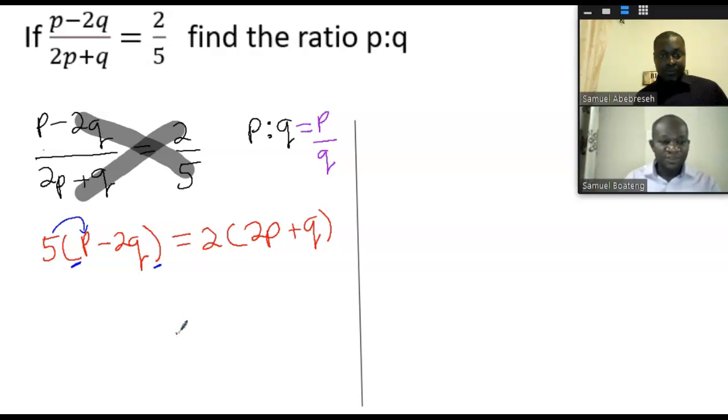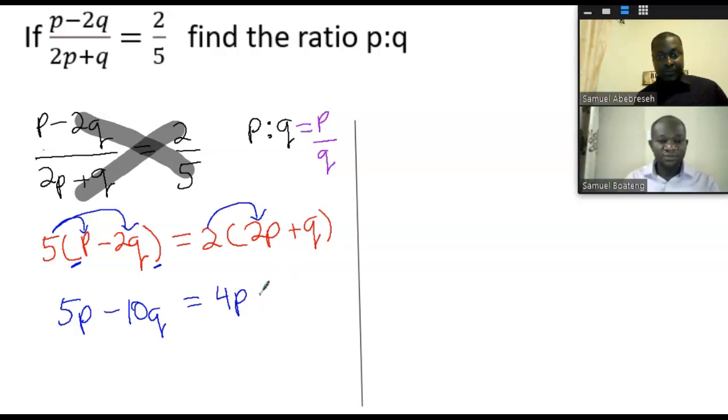You want to remove the brackets. So 5 times p, we have 5p, minus 5 times 2q, we have 10q, equal to 2 times 2p will give you 4p, and 2 times q will give you plus 2q. There are like terms, so let's group them.